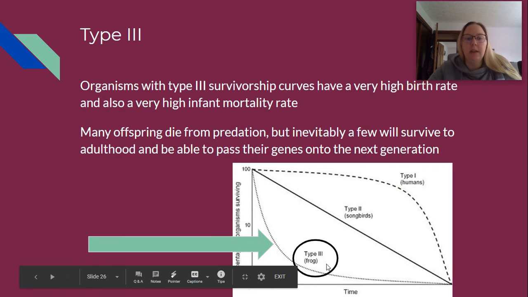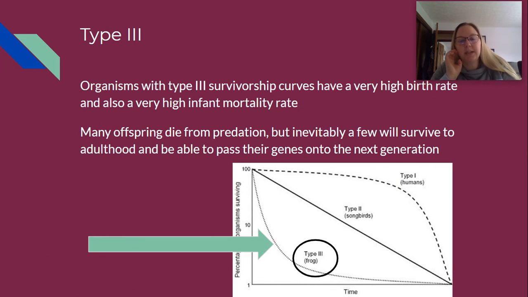And type 3 is when organisms have a very high birth rate, but also have a very high infant mortality rate. So their birth rate's high, but a lot of their offspring do not survive into reproductive age themselves.